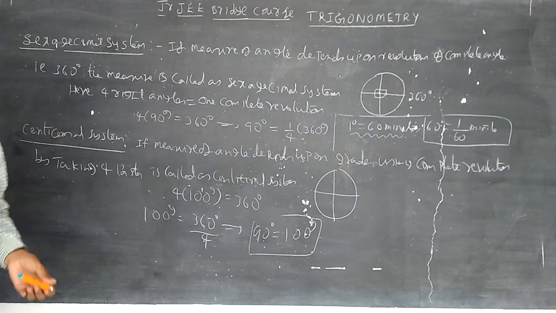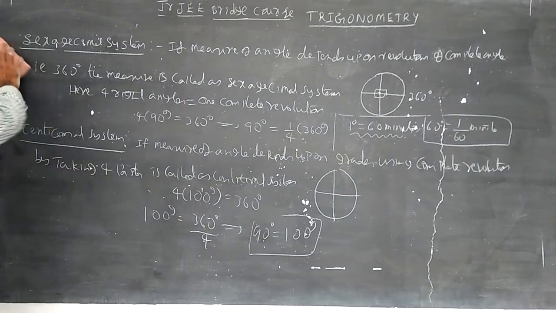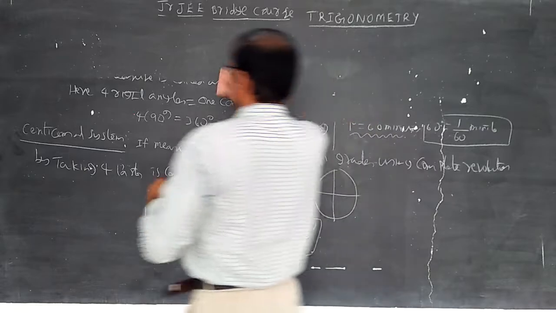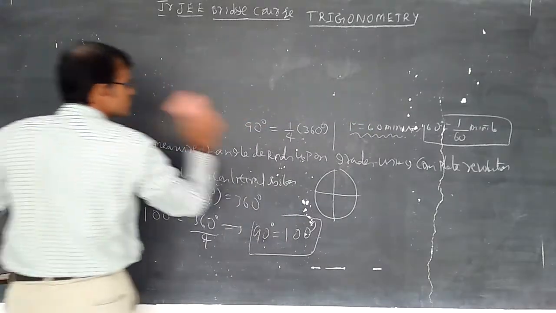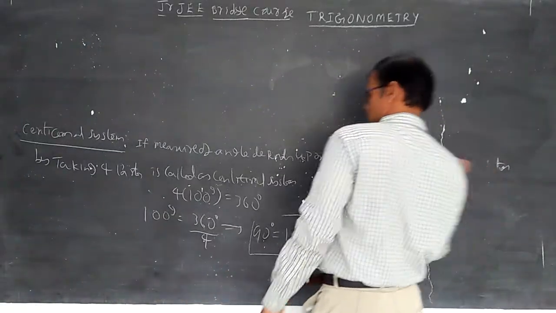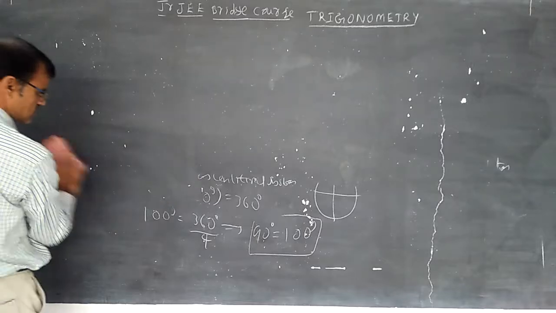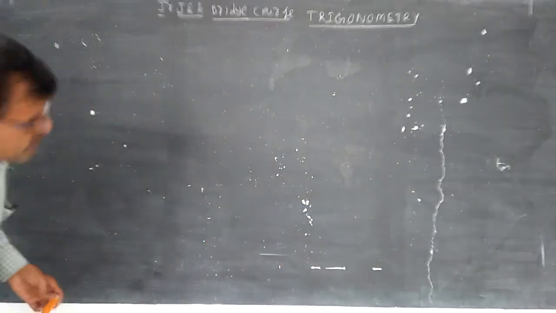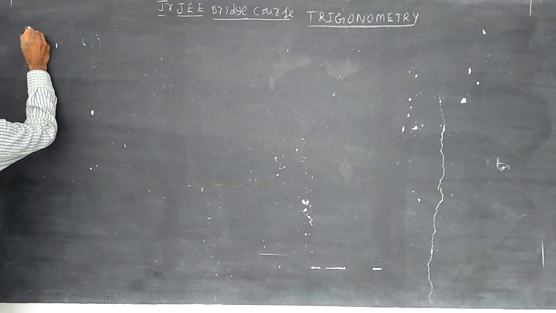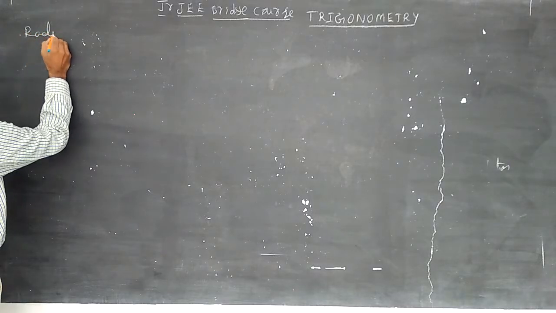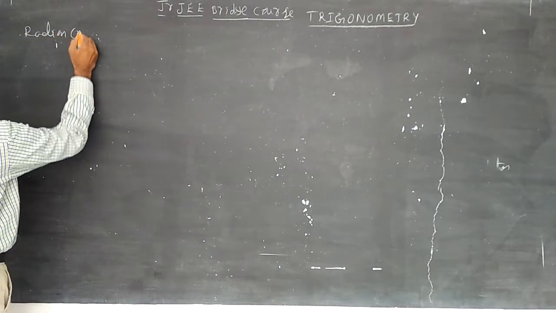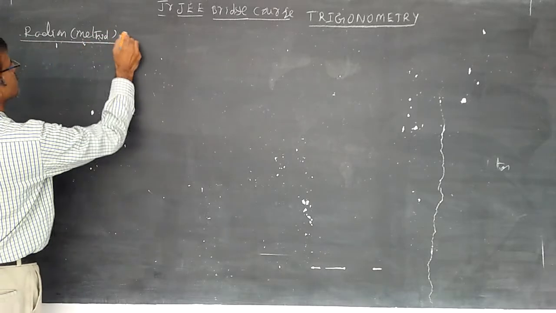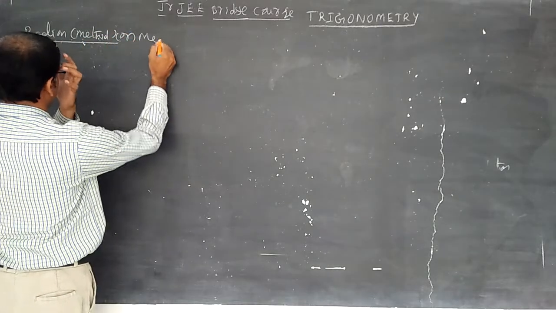Another one is there. The measure of angles relation, I am going to discuss now: the radian method, or measure of radian.